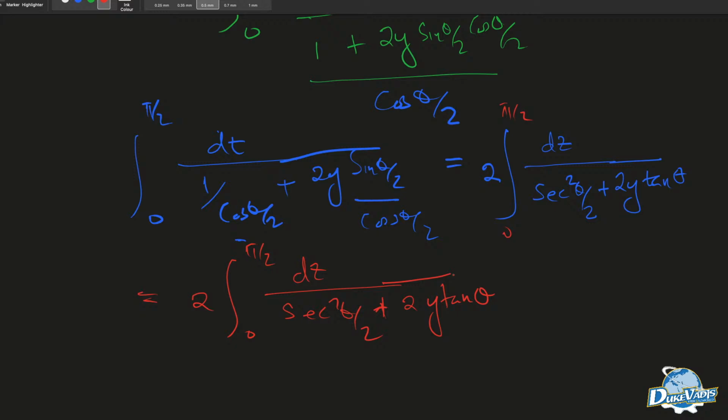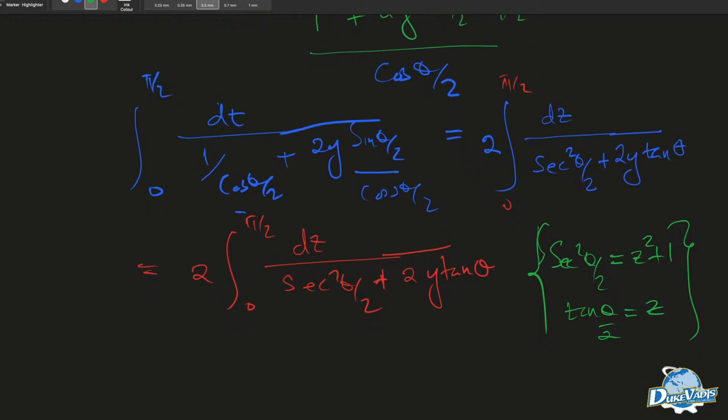We remember that initially we substituted, after we simplify everything, we had sec squared theta over 2 to be z squared plus 1, and also we know our tan theta over 2 is also z. So we'll do back substitution.